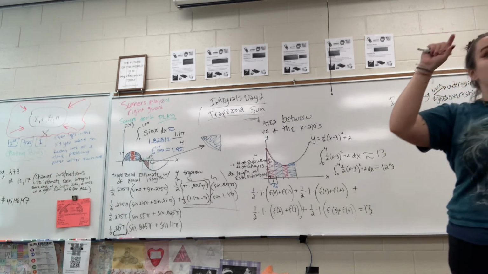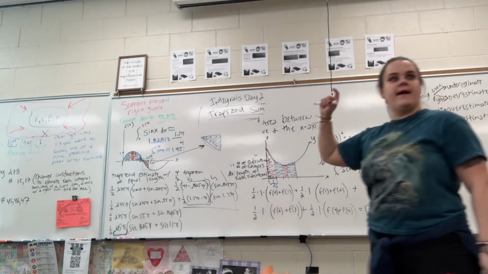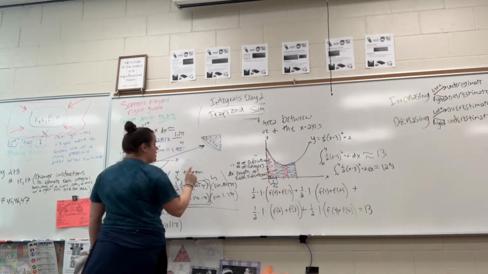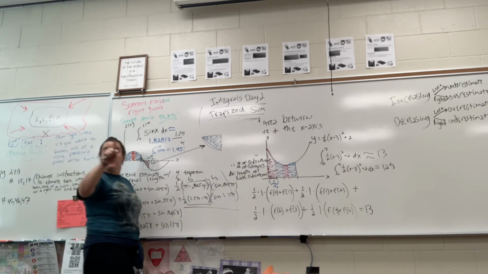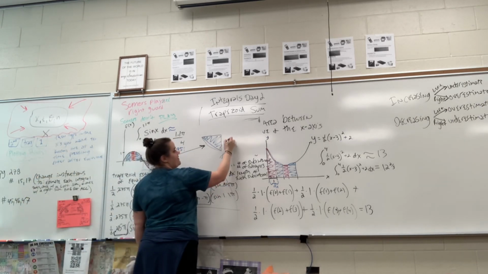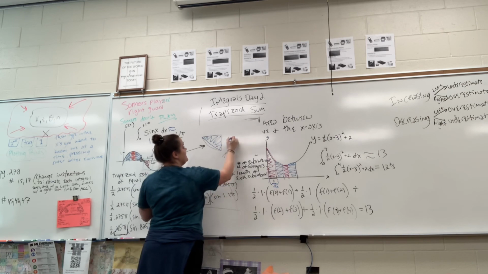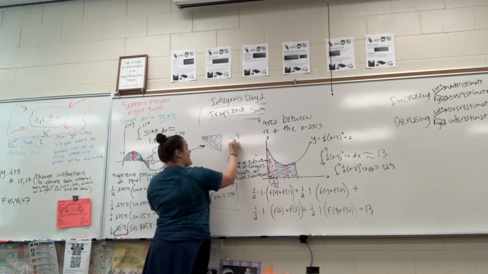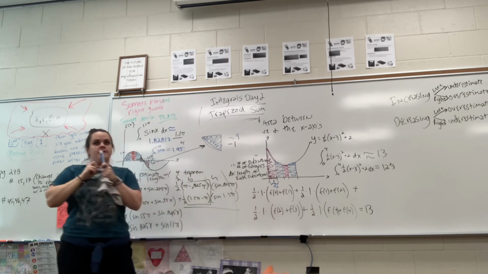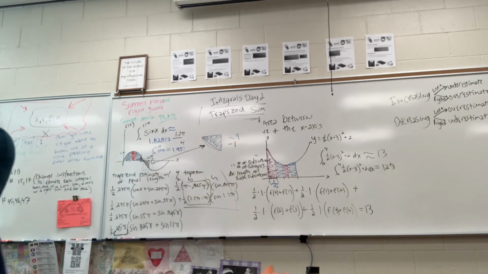A smaller negative area is a bigger number, right? Think of it like the blue would be negative 0.9 and the actual would be negative 1. So even though it's a lesser area, it's still a bigger number.